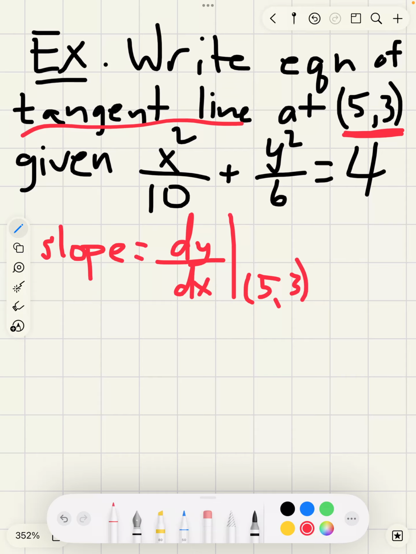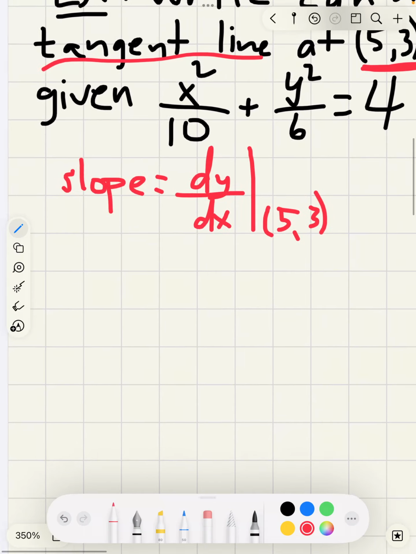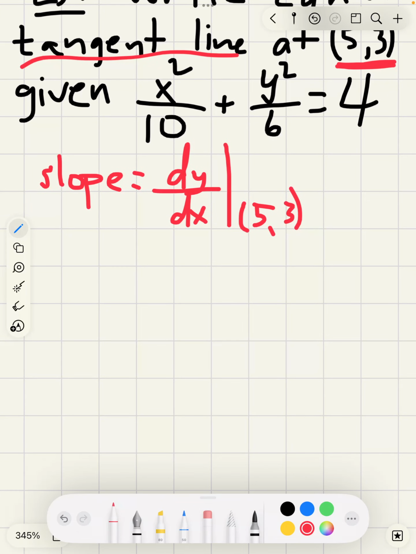So going back to what we just did in the last example, we'll start off by taking the derivative of every term in the equation. So I can see with the first term, it's just power rule. So I'm going to bring the 2 down. We get 2x to the power 1 now over 10. And same thing with this, but remember, this is a composite function where y is your inside.